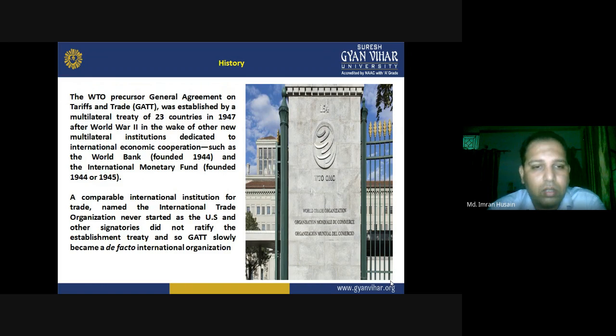So there were also efforts to establish a new organization for international trade, but it was never supported by the US and its allies. So it became a de facto international organization.